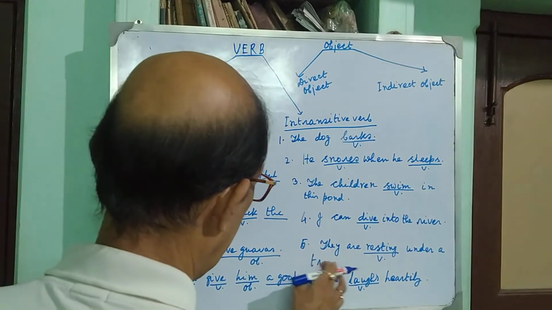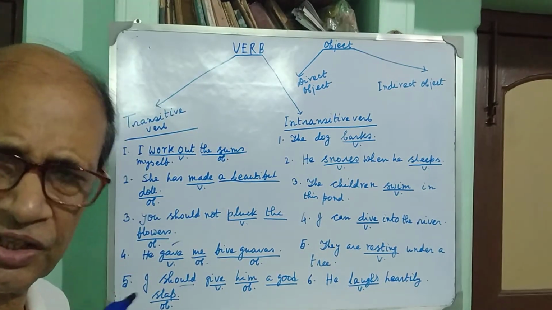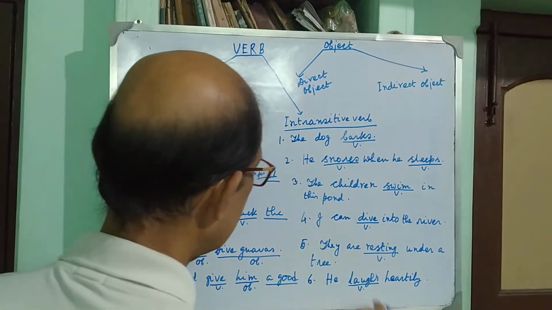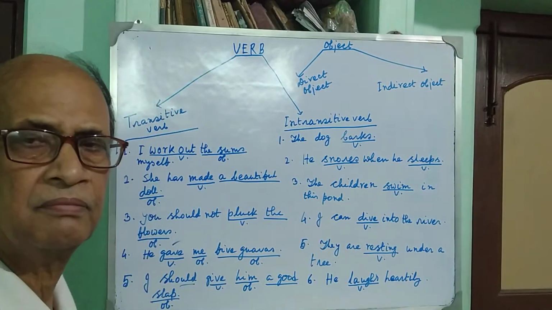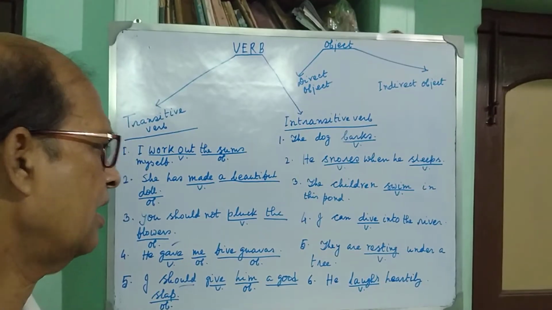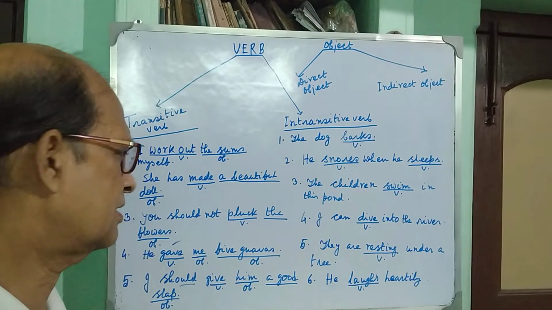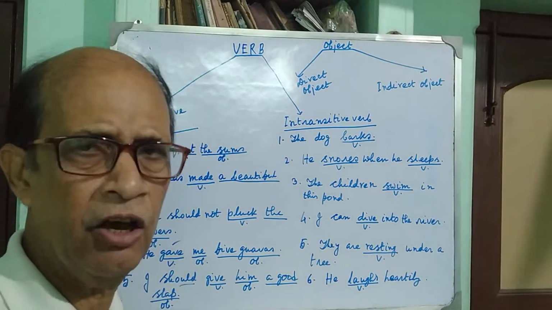Number 5. They are resting under a tree. Ask the finite verb resting by what or whom? There is no answer. Under a tree is adverbial. It is the adverbial of place, and resting is not followed by any object.